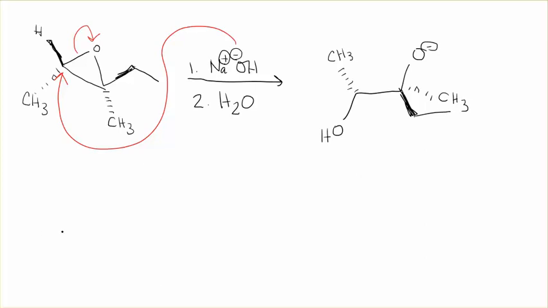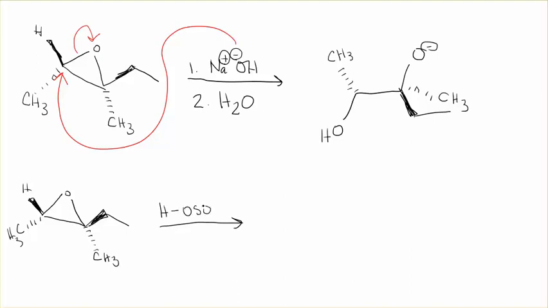All right, let's do the same one under acidic conditions. Sure, why not? So let me just redraw this epoxide, and I'll redraw in the stereochemistry. Let's react it under sulfuric acid conditions.